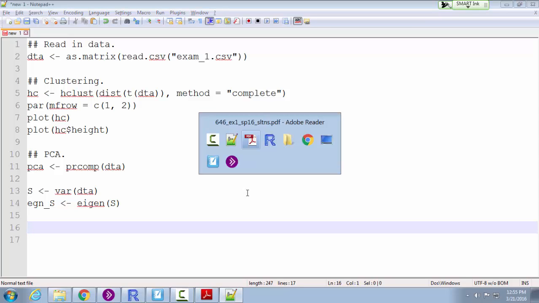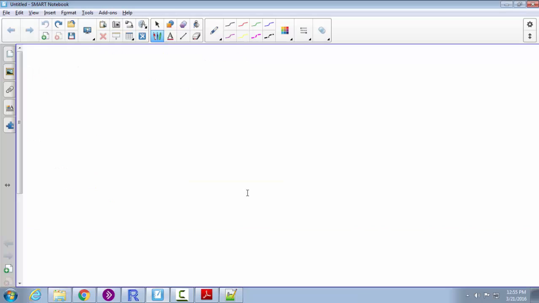Remember that with PCA, we're taking our matrix, M by N, for which there is a covariance matrix, N by N. We are going to get the eigenvalues and eigenvectors of capital S. Then the first principal component, let's call it Y1, is equal to some linear combination of those columns.